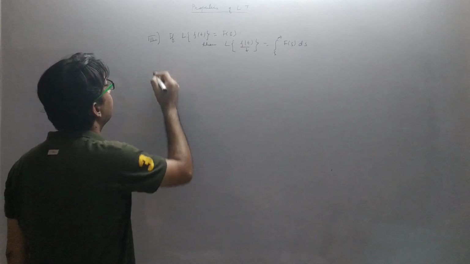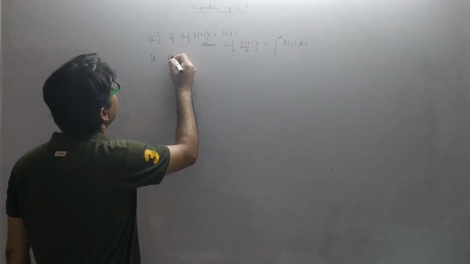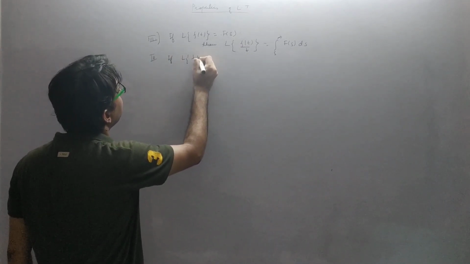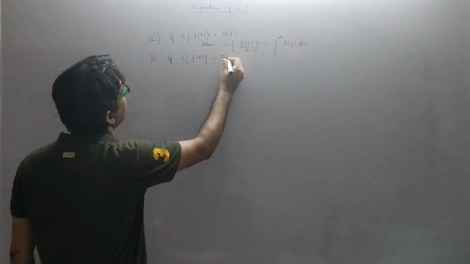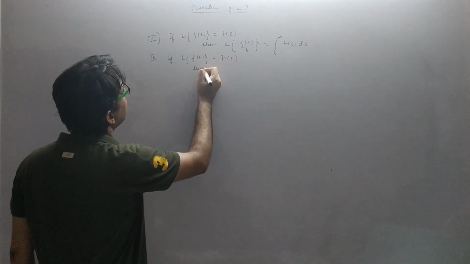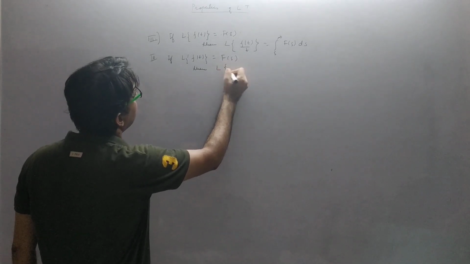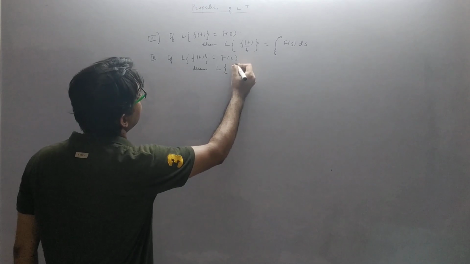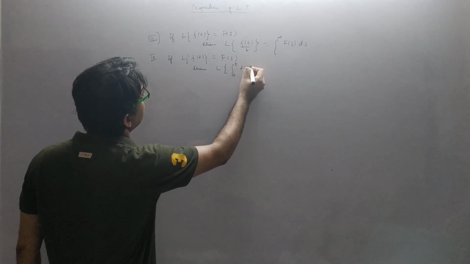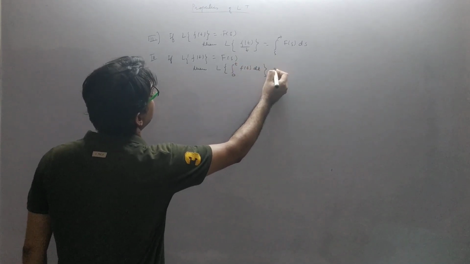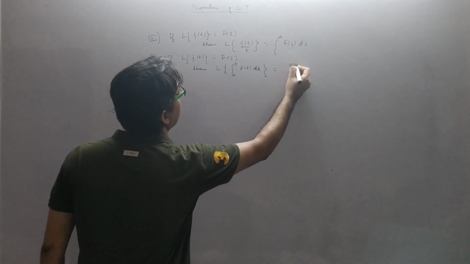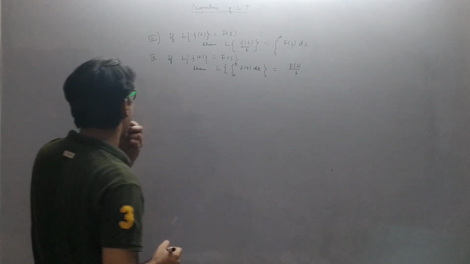Fourth property is going to be, if Laplace transform of ft is equal to f of s, then Laplace transform of integral 0 to t ft dt is going to be f of s by s.